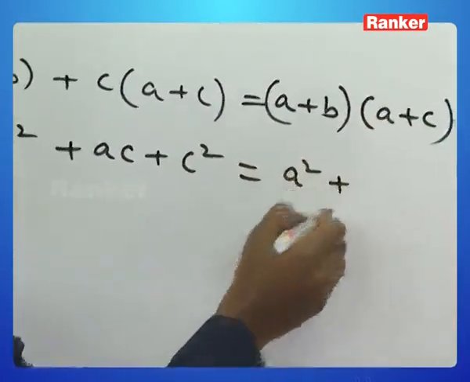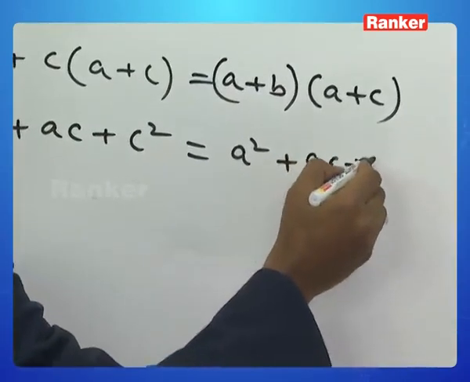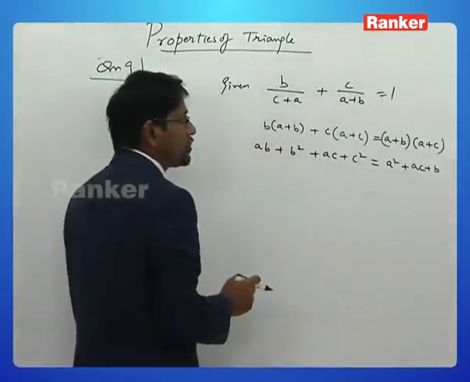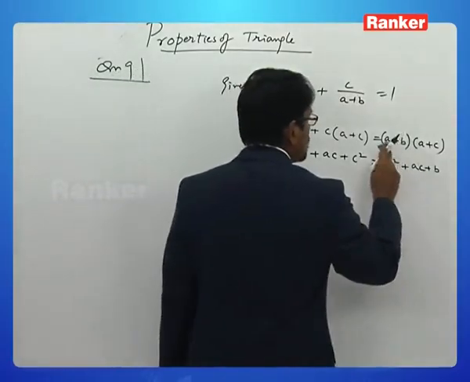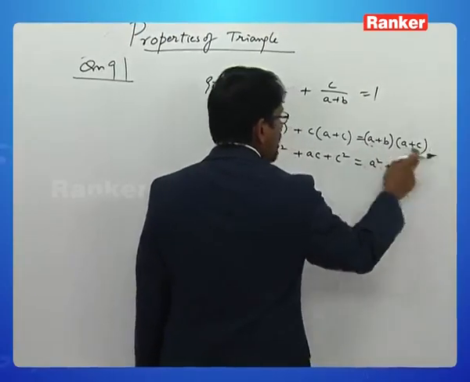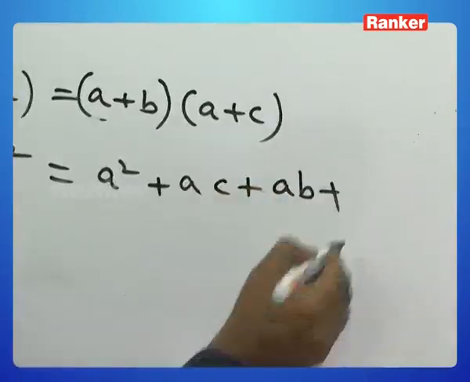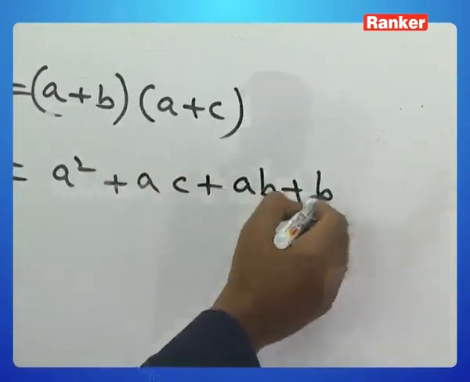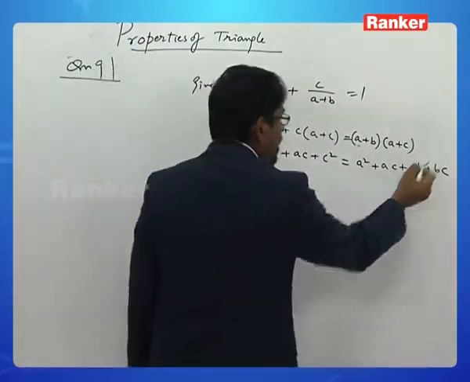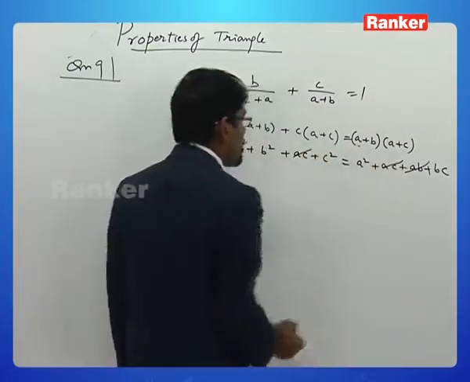We have a square plus ac plus ab plus bc. This ab cancels and this ac and ac cancels here.